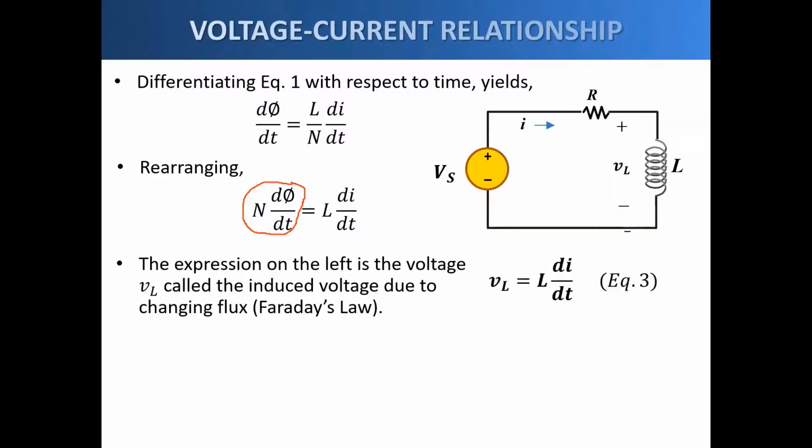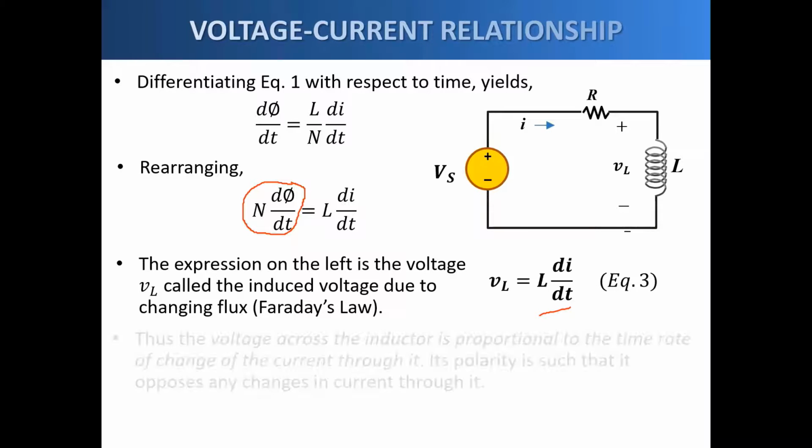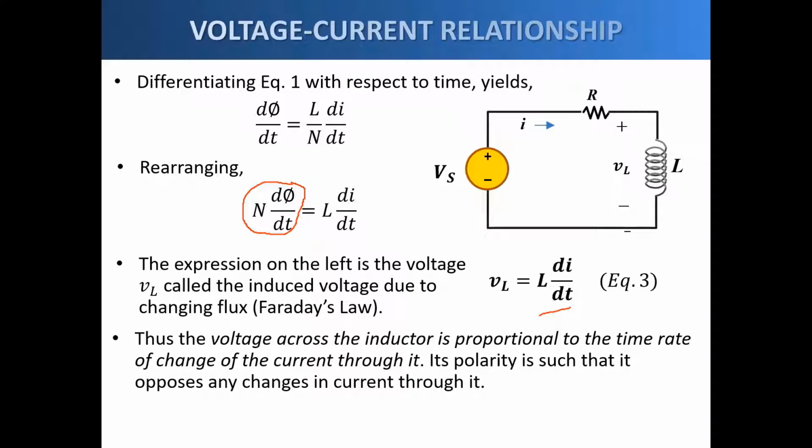Thus, we have a very important relationship between the voltage of the inductor and the current that flows through the inductor, as shown by equation 3. This equation tells us that the voltage across the inductor is proportional to the time rate of change of the current through it.